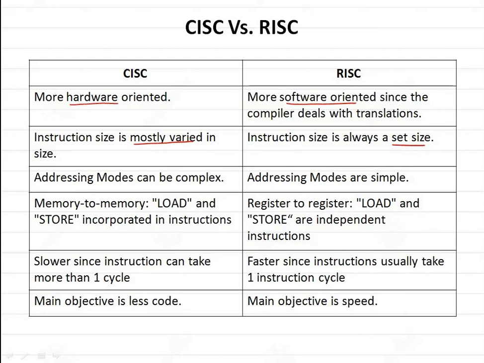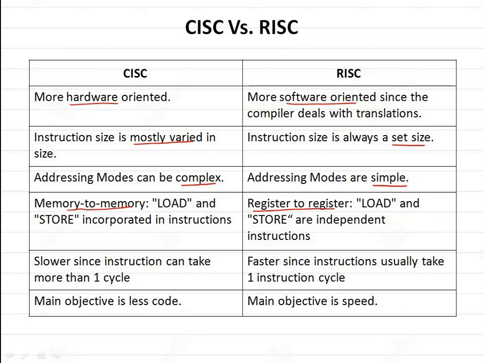Then the third one is that the addressing modes are complex in CISC as compared to RISC-based architecture. In RISC we have very simple addressing modes, and in case of CISC, memory to memory operations could be performed. While in case of RISC architecture we need to perform register to register operations. So first of all we need to bring the data into registers, and then the operations are performed.